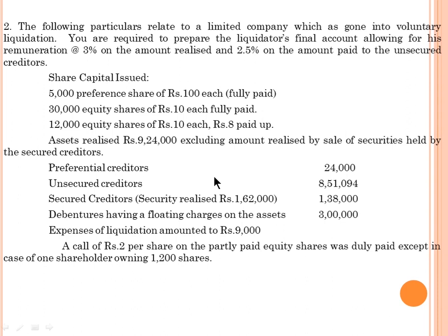The preferential creditors 24,000, unsecured creditors 8,51,094 and secured creditors 1,38,000 but realized 1,62,000. Debentures having floating charges 3 lakhs, expenses on liquidation 9,000, and the unpaid call money 2 rupees per share duly paid except by one shareholder owning 1,200. Now let's move on to the calculation of the liquidator final statement.